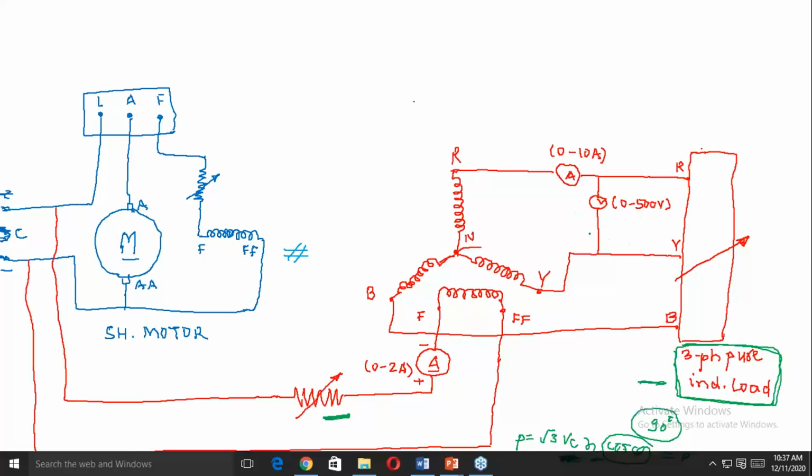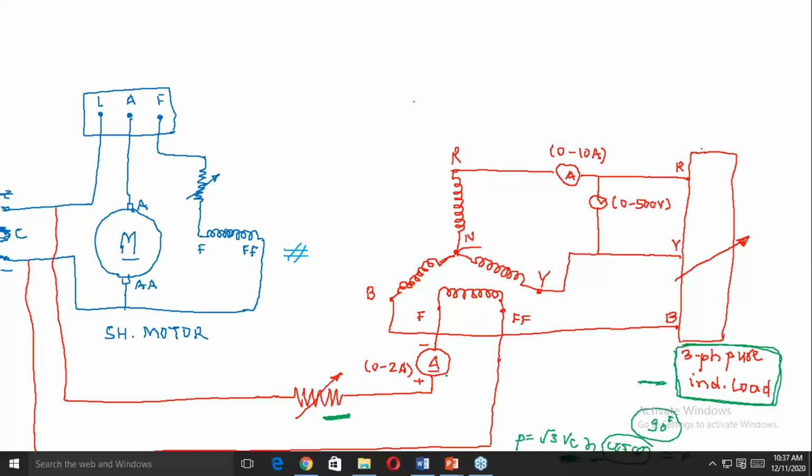Okay? Increase or decrease, you vary this excitation. And when the current meter reads rated current at rated terminal voltage, you take the excitation reading.